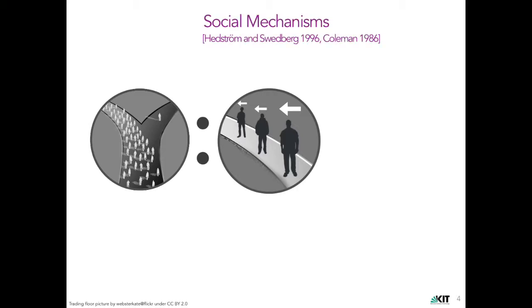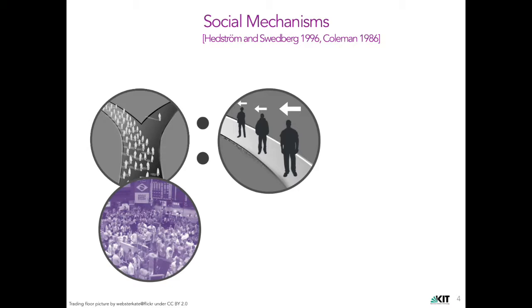This is what Hedstrom and Swedberg, and Coleman before them, described as social mechanisms. It's not on the individual level, it's not a grand social theory, but it's somewhere in the mid-level, describing something that appears in many kinds of scenarios and can also be combined with other social mechanisms. But they come from these individual heuristics that you see very often. They're just natural to humans.